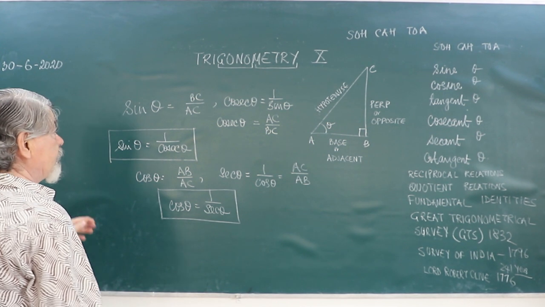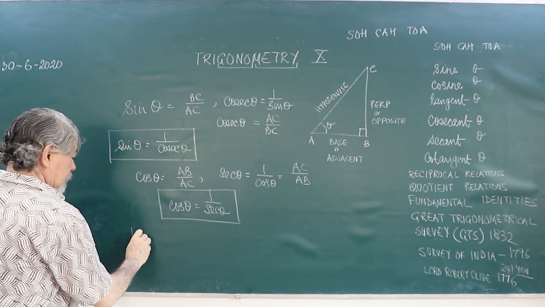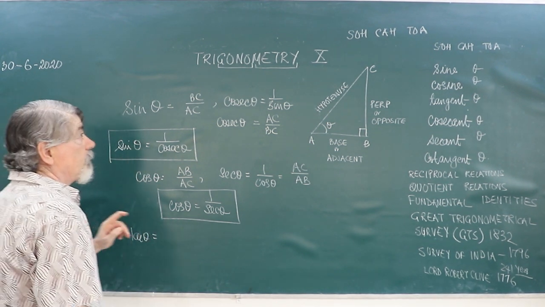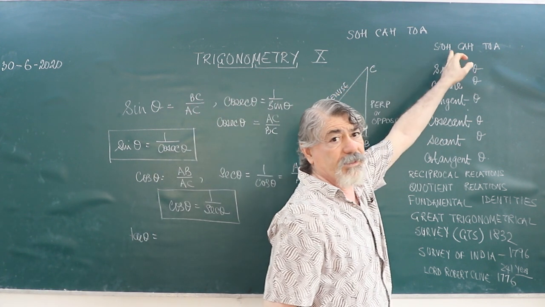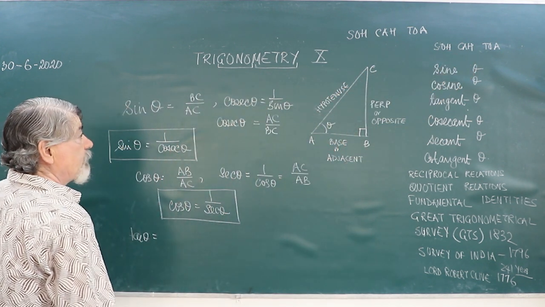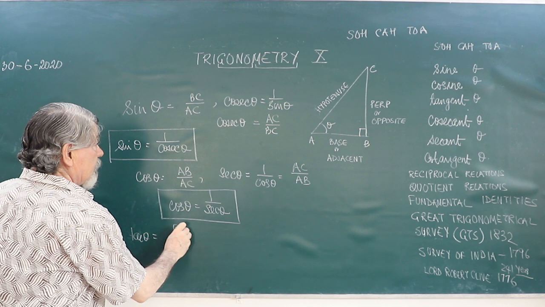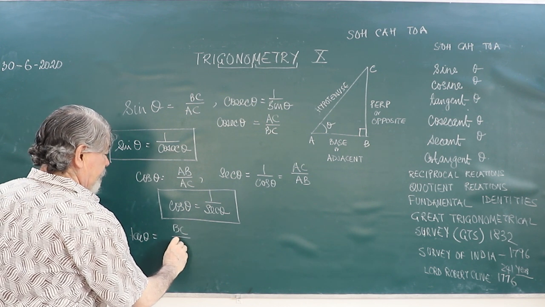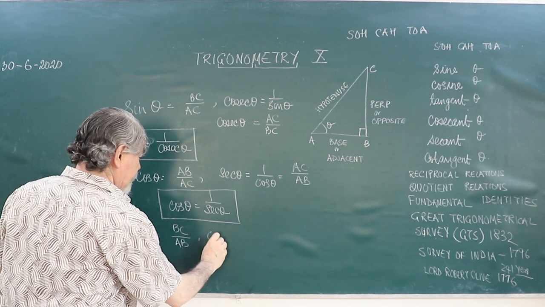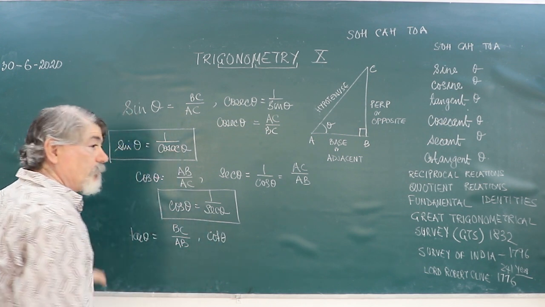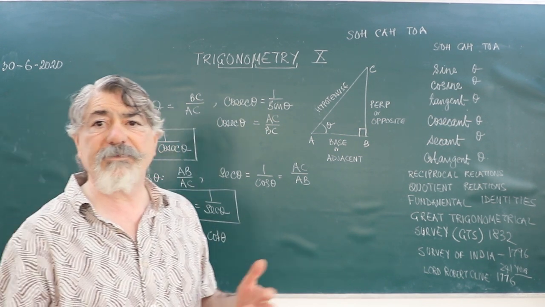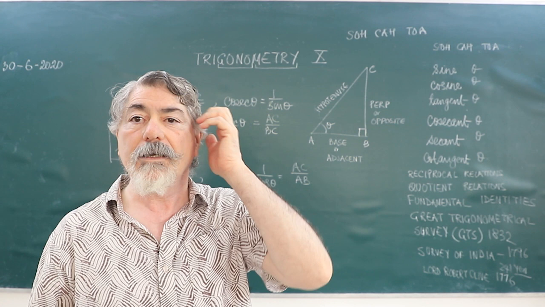Similarly, when we talk of tan theta, it is TOA, opposite upon adjacent, BC upon AB. And cot theta, which is normally cotangent theta, but we are always going to write it as cot theta.